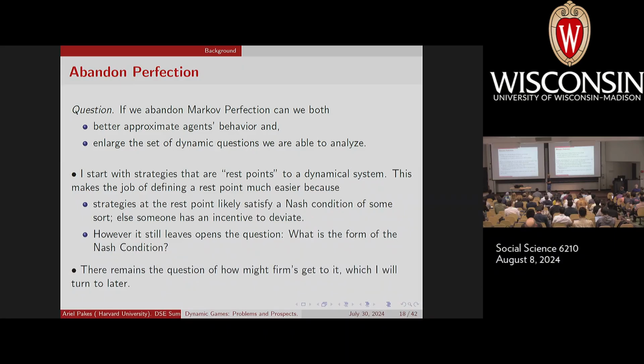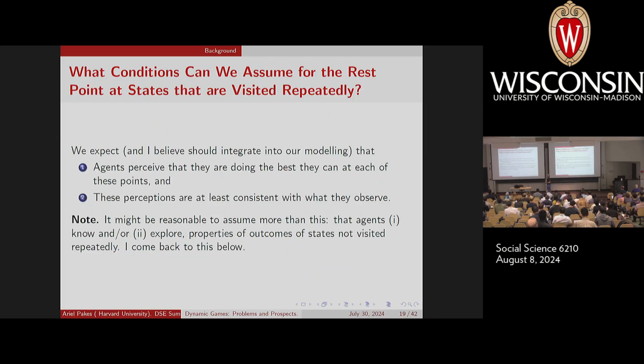That would be the equilibrium notion: at every point I reach, at least in the limit, I'm doing the best I can. Of course, it doesn't tell you how we got to equilibrium. I'm going to have to come back to that. It just tells you, if you're there, this is what it looks like.